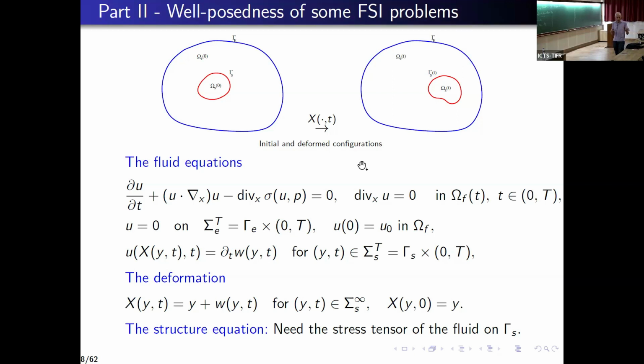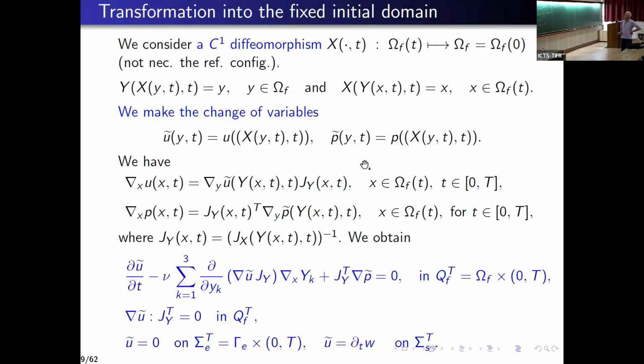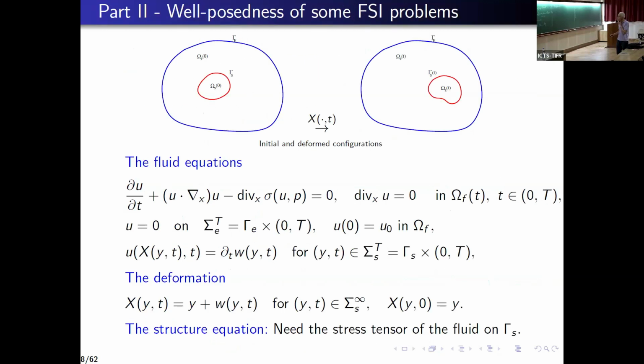So you must understand that there are two types of domain and two types of variation.